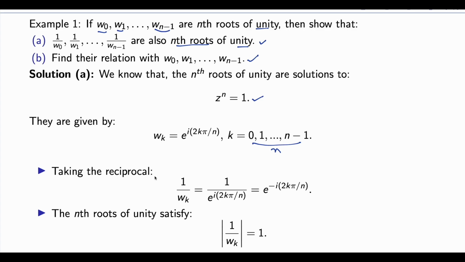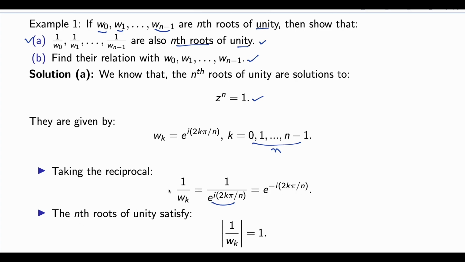So taking the reciprocal, which we are supposed to figure out in part A, 1 upon Wk, which is nothing but 1 by the Wk value, is going to be e power negative i 2k pi by n.